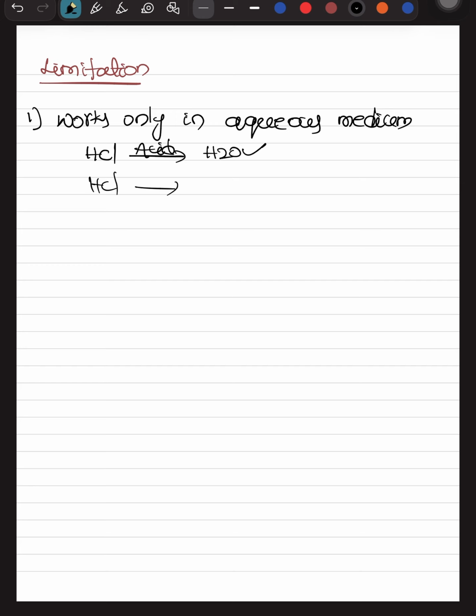According to Arrhenius, we do not call HCl an acid when it is dissolved in benzene. Second, NH3 is a base, but it does not give the OH minus ion. According to Arrhenius, ammonia does not contain OH minus, but it still behaves as a base in water.